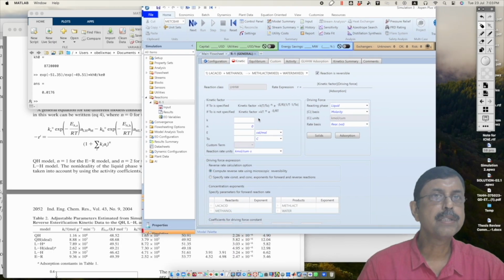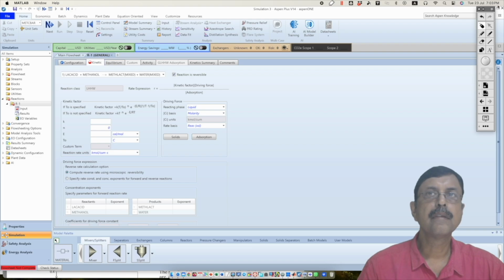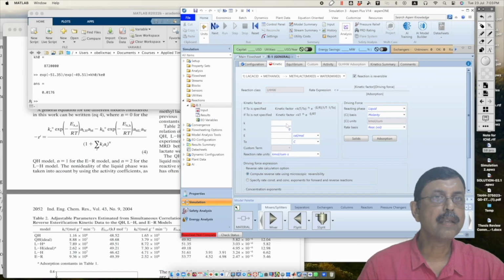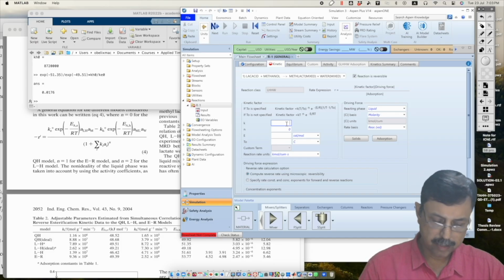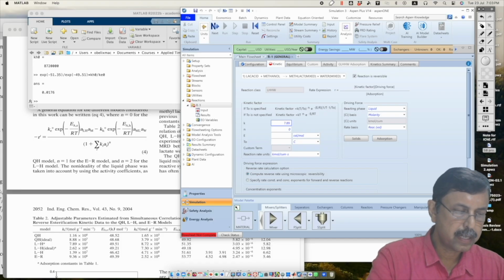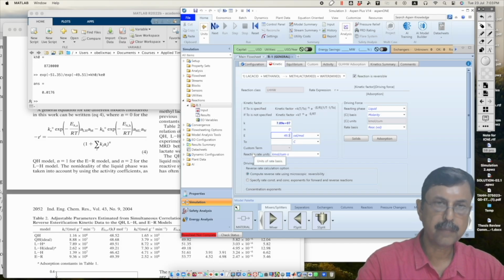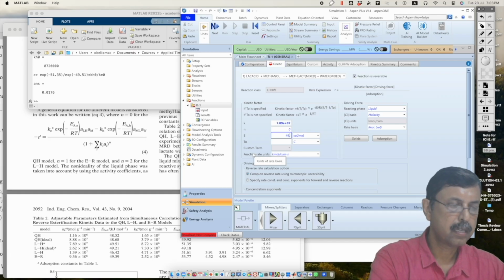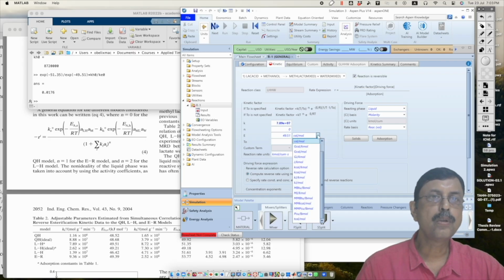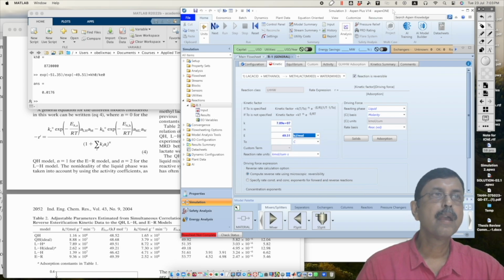The pre-exponential factor K is 7.89 E7, and then the activation energy is 49.51 kilojoule per mole.